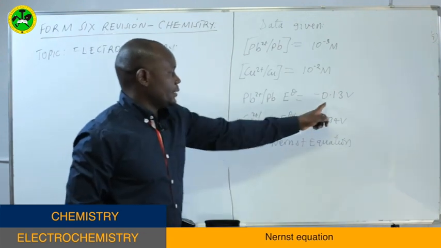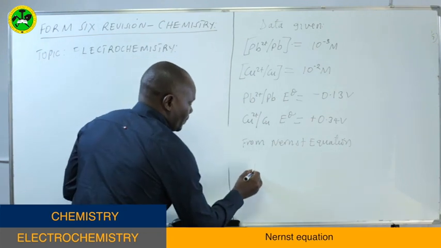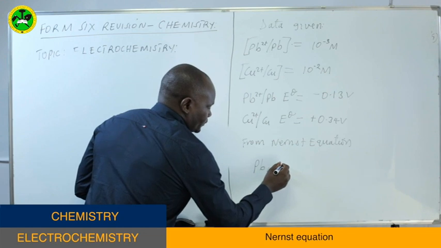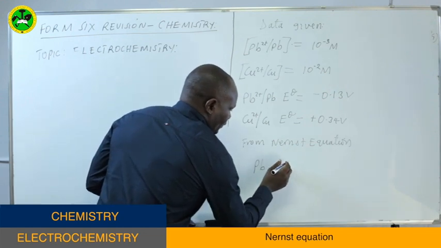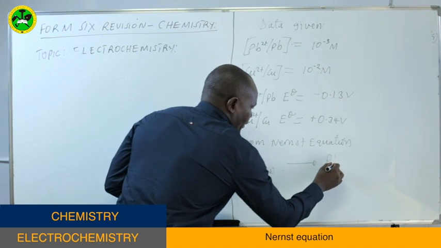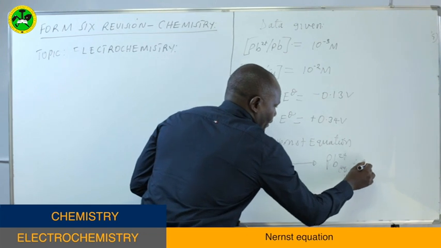Now for lead, you have seen that it is the species that undergoes oxidation. So it will be lead solid, half equations. Lead solid will go into lead 2 plus, aqueous, plus 2 electrons.